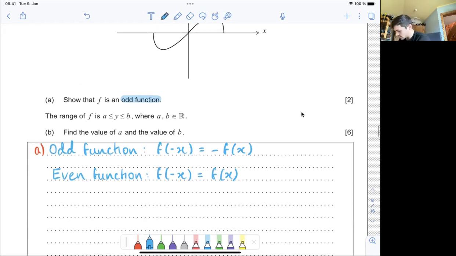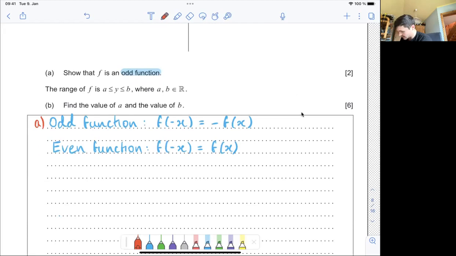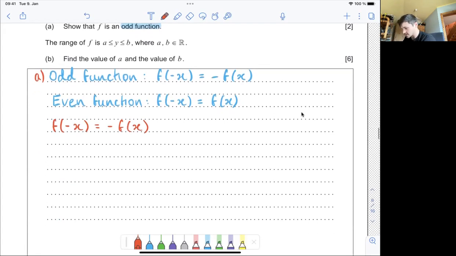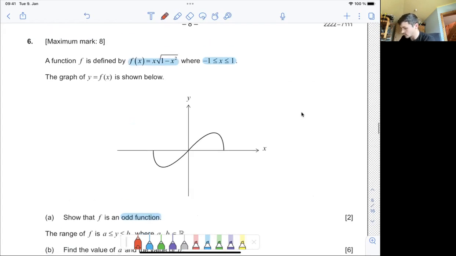So to show that we have an odd function here, I'm going to have to show that f of negative x is equal to negative f(x). Well, f of negative x is essentially we're just going to be putting in negative x for x in our function here.